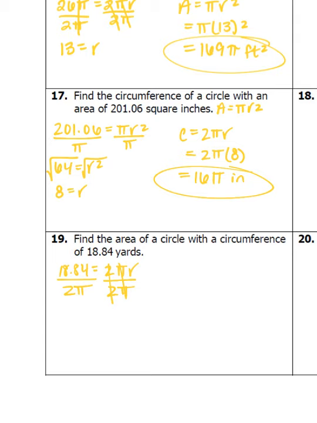And we get about 3. It's 2.998, so I'm just going to round that to 3. So my radius is 3. We want circumference. Oh, no, sorry, we want the area. Area equals pi r squared. Pi times 3 squared is 9 pi square yards.